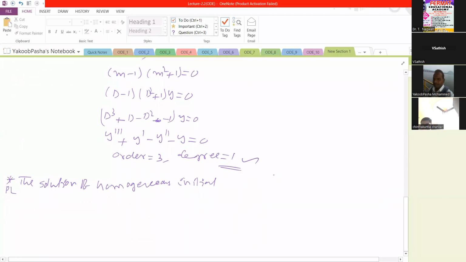The solution of the homogeneous initial value problem is y is equal to 2 into e to the power of 10x plus sin 3x.